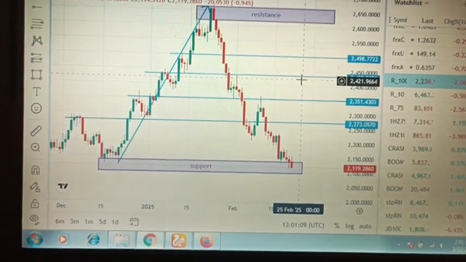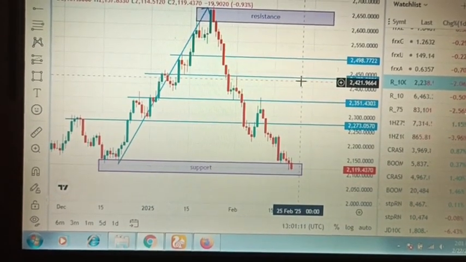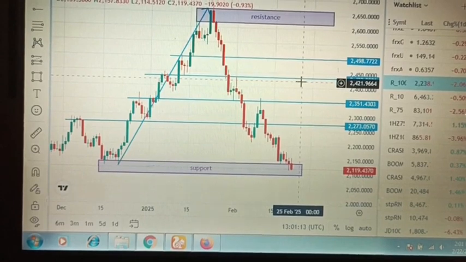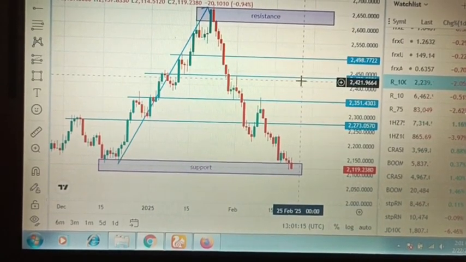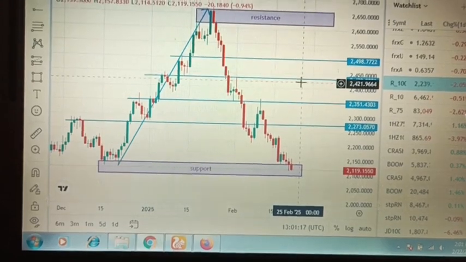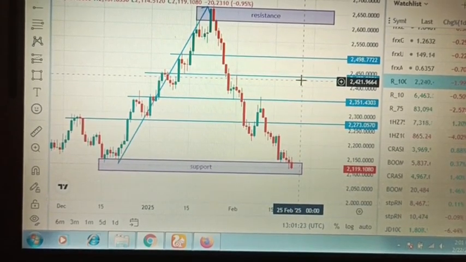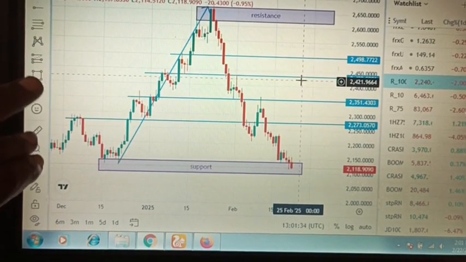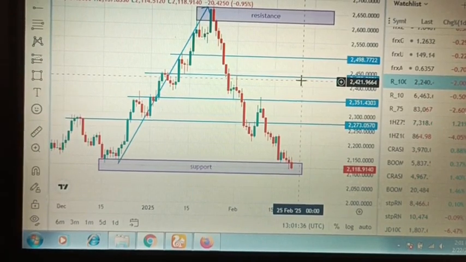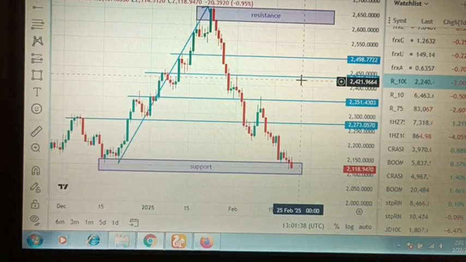This is what they call price action in forex trading. From the past actions of price, you can predict what price is going to do next at a particular zone.